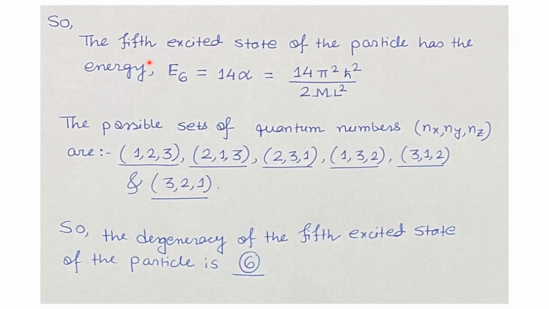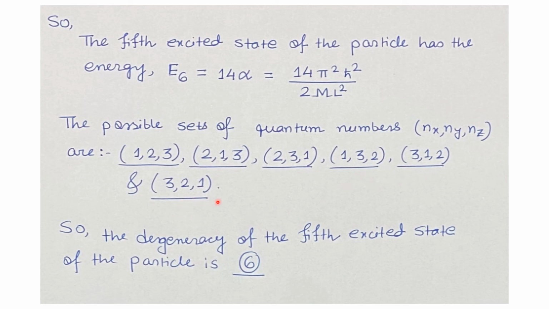The fifth excited state of the particle has the energy E6 equals 14 alpha, that is 14 times pi squared h-cut squared divided by 2M L squared. The possible sets of quantum numbers nx, ny, nz that we have seen in the previous slide are 1, 2, 3; 2, 1, 3; 2, 3, 1; 1, 3, 2; 3, 1, 2; and 3, 2, 1.